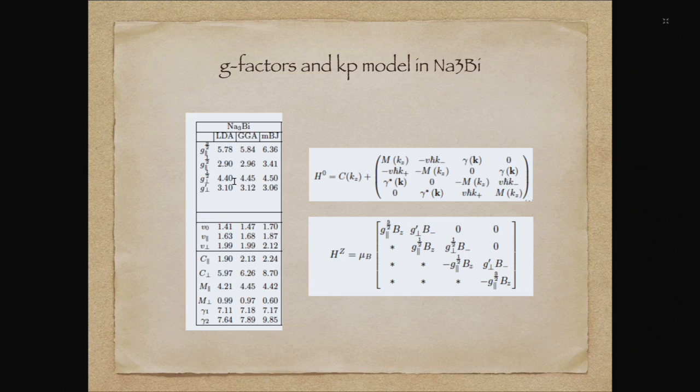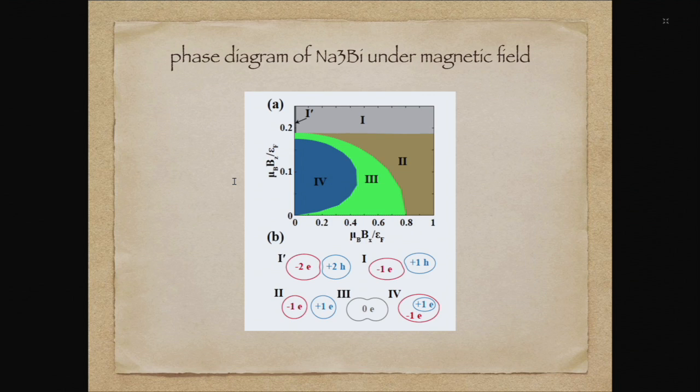We put this first principle g-factor tensor into calculating the phase diagram of sodium bismuth, a typical Dirac semi-metal system, and we got a phase diagram like this. The horizontal axis is the magnetic field along the x direction, and the y-axis is the magnetic field along the z direction.